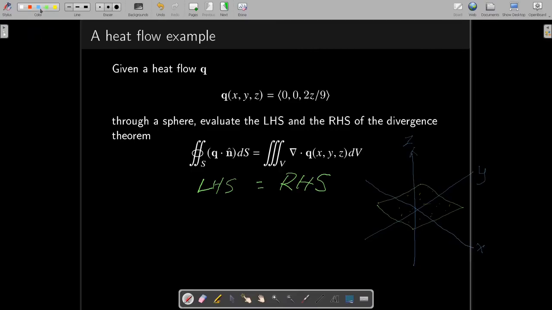So everything here, at a certain point, will point upwards, and as you go along the z axis, it will increase in magnitude, linearly. The same goes for the negative z-axis. So it goes like this.